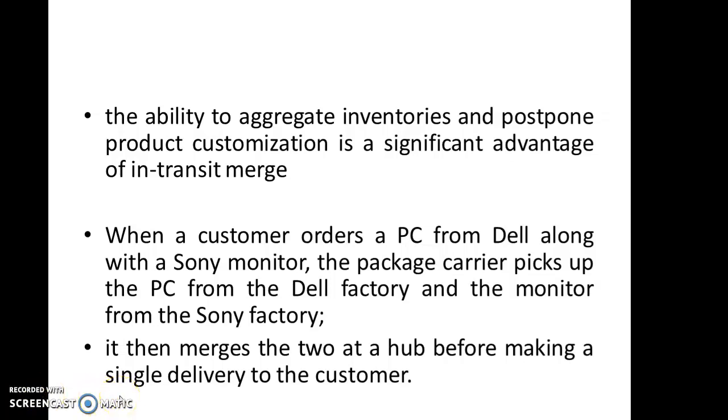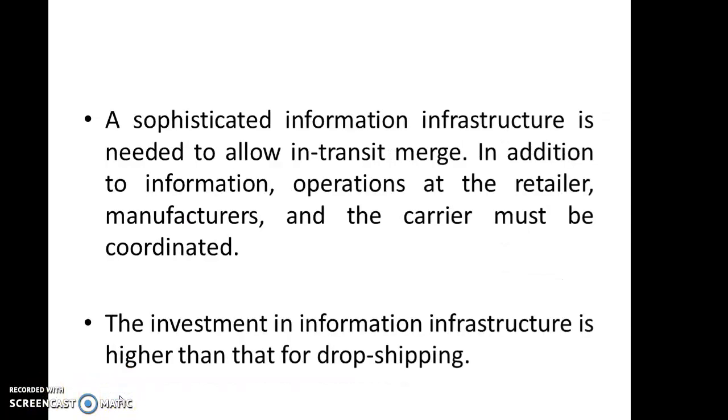This is an example of in-transit merge. Here we need a sophisticated information infrastructure in order to allow the facility of in-transit merge. In addition to the information, there must be coordination between the retailers, manufacturers, and the carrier. So, the investment in information infrastructure is higher than that for the drop shipping method.